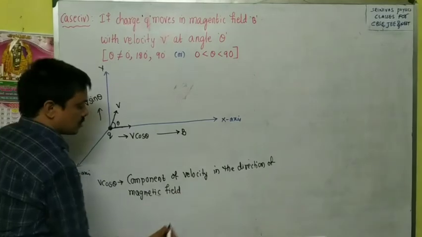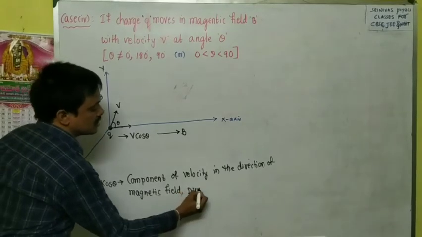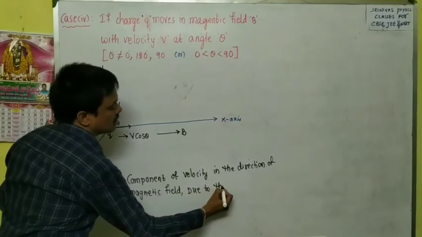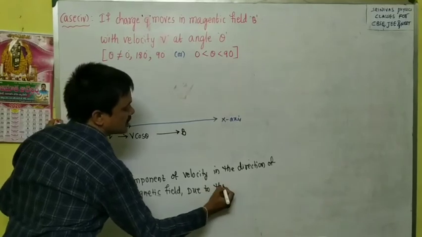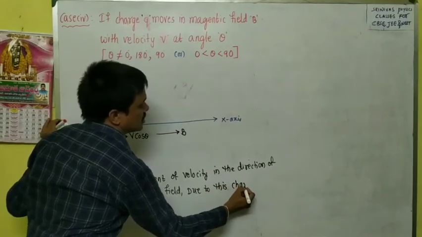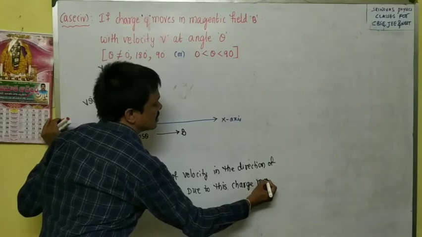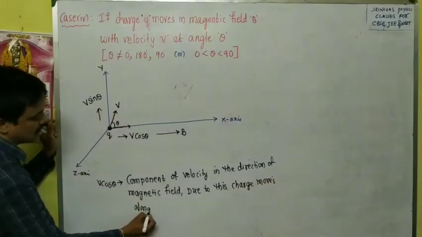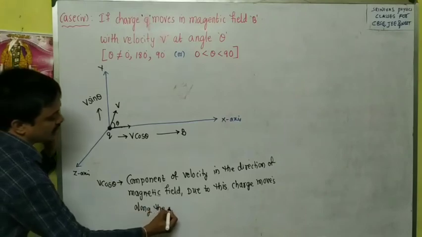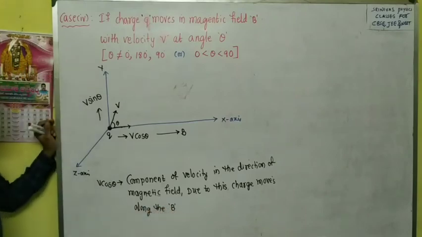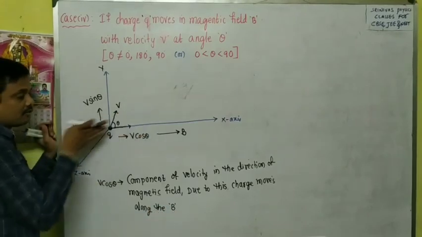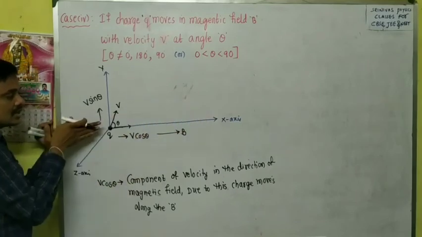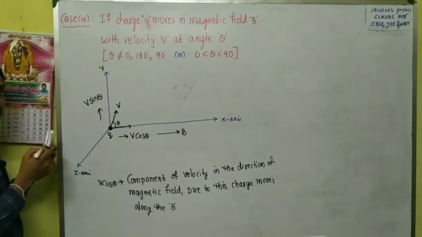Due to this, the charge moves along x-axis, along the direction of B. V cos theta is the part of velocity along the direction of x-axis. That's why the charge also moves along the direction of x-axis.